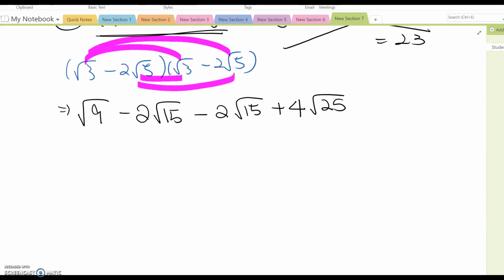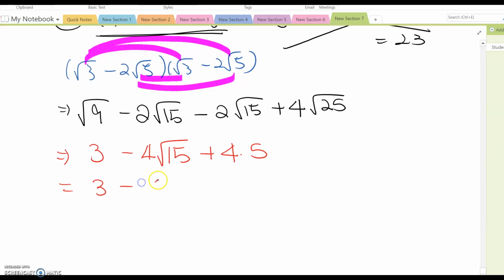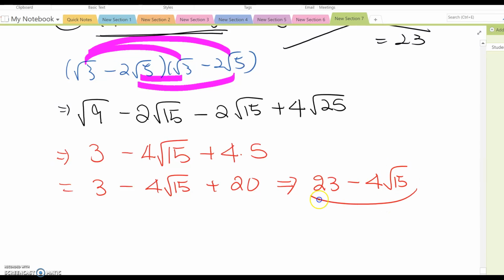Okay, now simplify if it is possible. Then this becomes 3 minus 4 root 15 plus 4 times 5. So 3 minus 4 root 15 plus 20. So the final answer becomes 23 minus 4 root 15. That will be the answer.